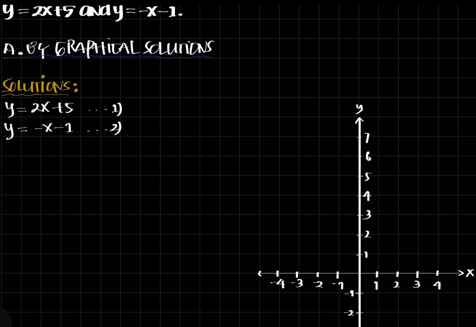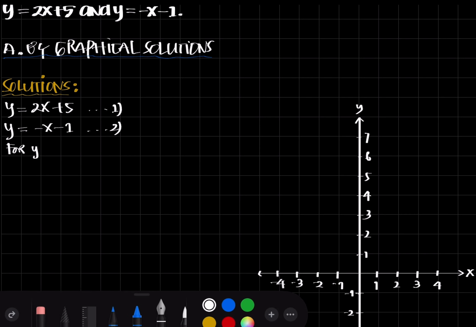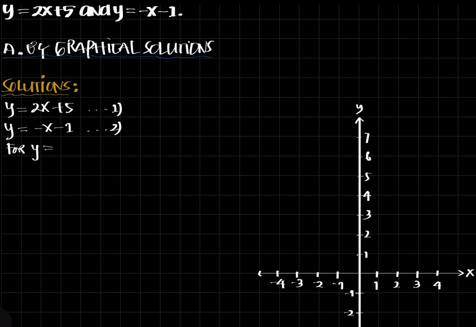To solve that, we can find the values of x and y by using the method of graphical solution. For the graphical solution, you start with y equals 2x plus 5.